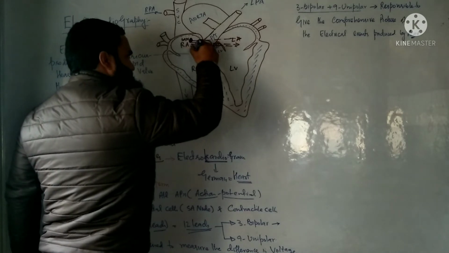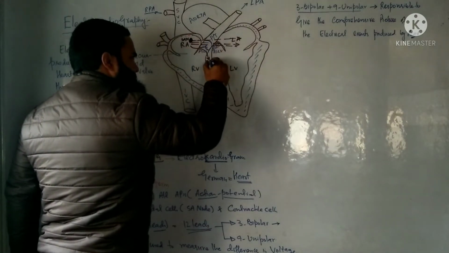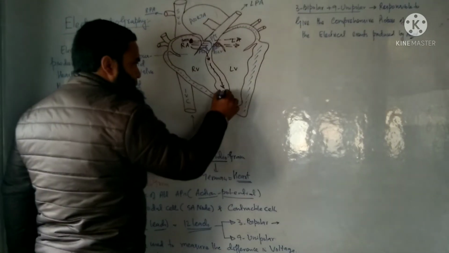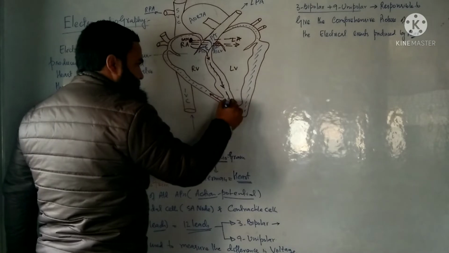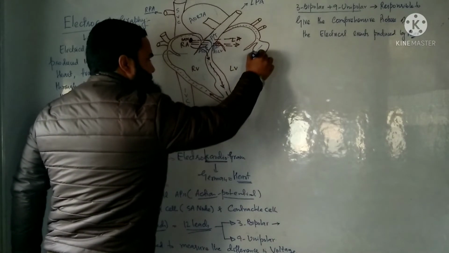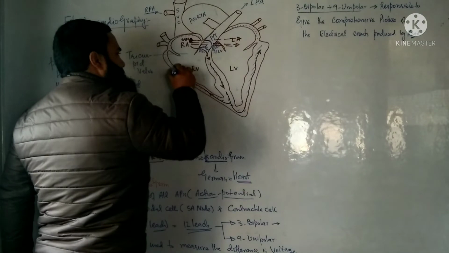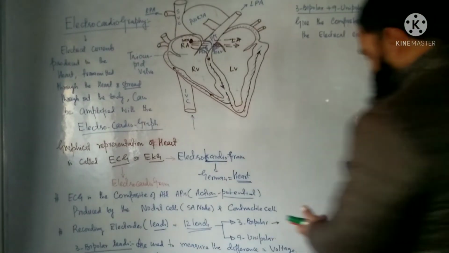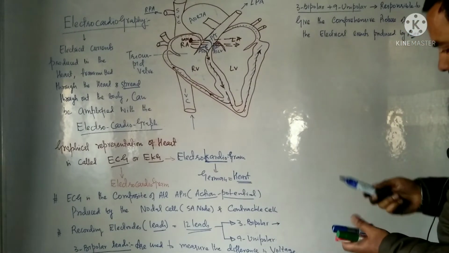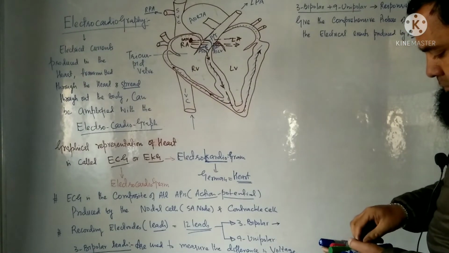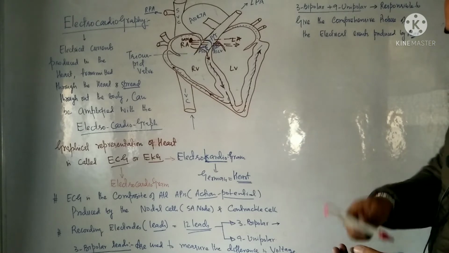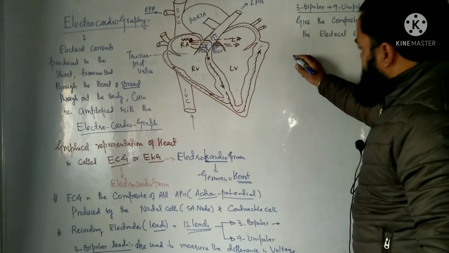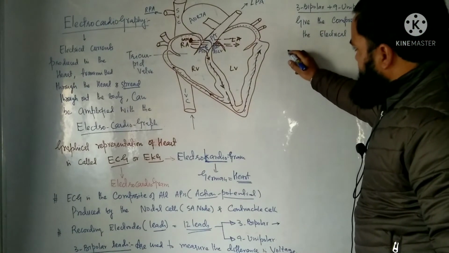Then this message goes towards the interventricular septum, and then it goes like this. So you must remember the waves. I will mention here the waves of deflection in the form of P, Q, R, S and T. Then I will discuss them one by one.